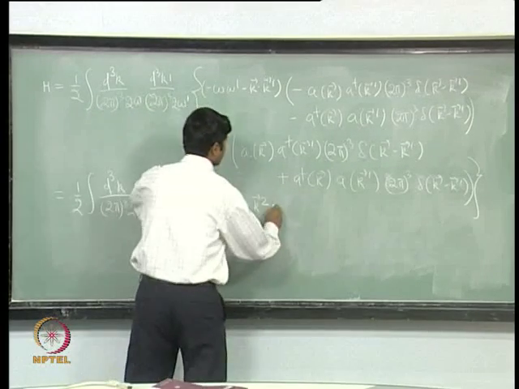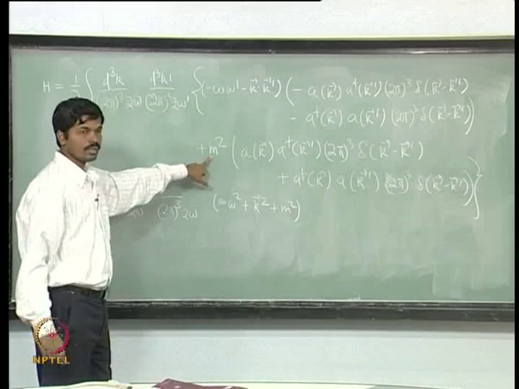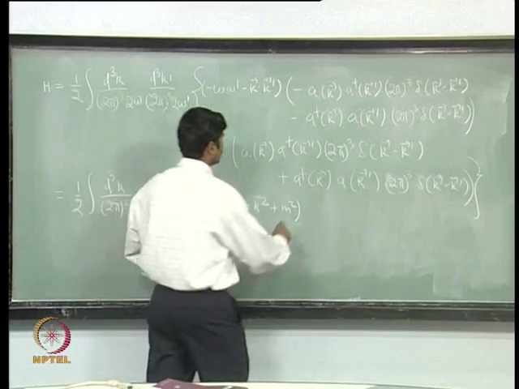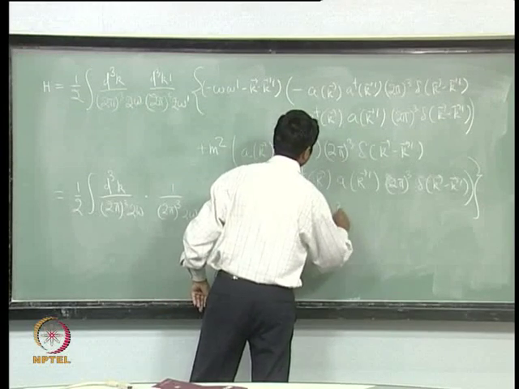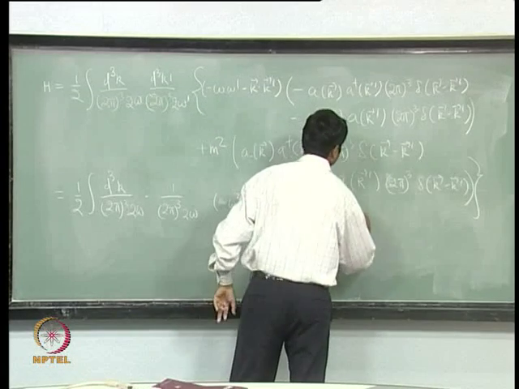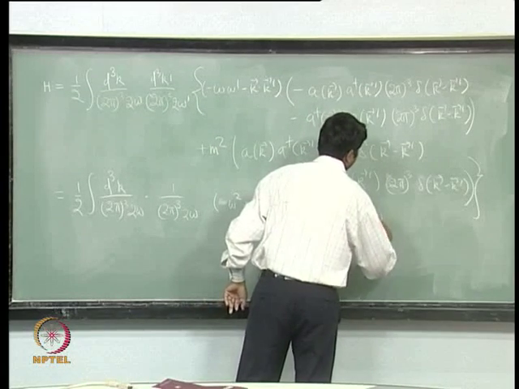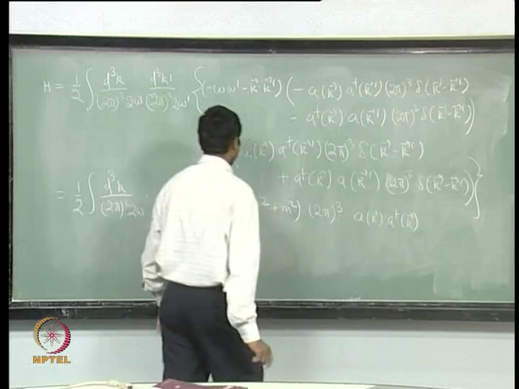So, this will give me plus m square times 2 pi cube, and then a k, a dagger k, a k, a dagger k.